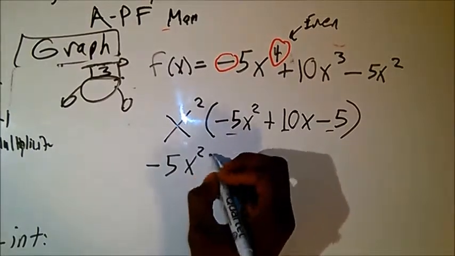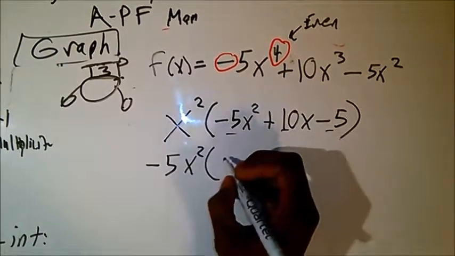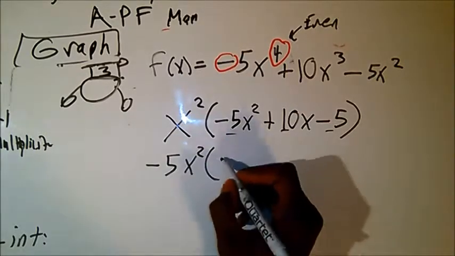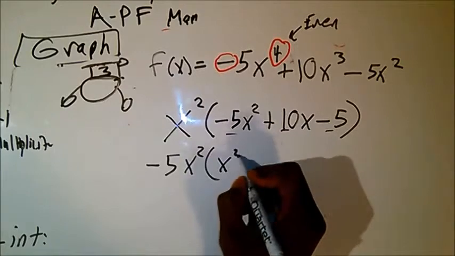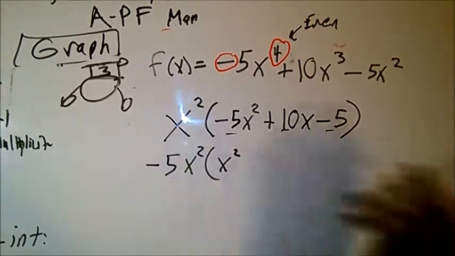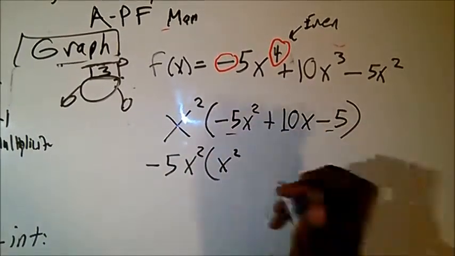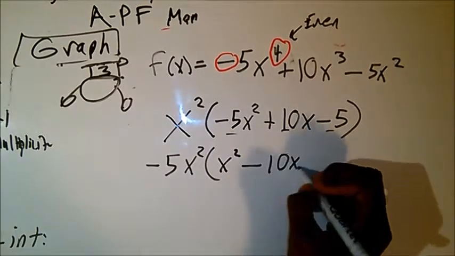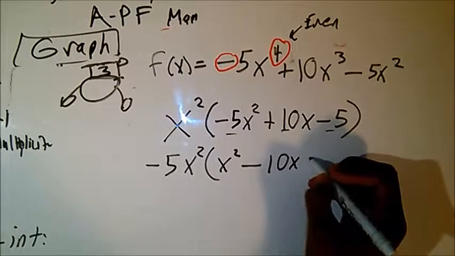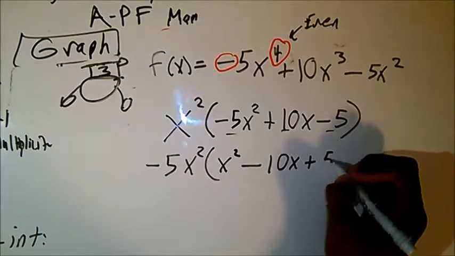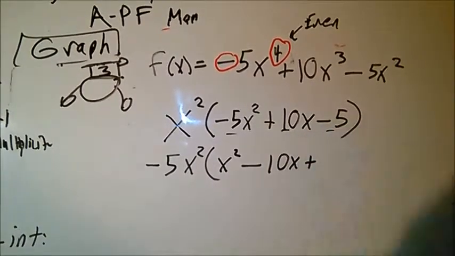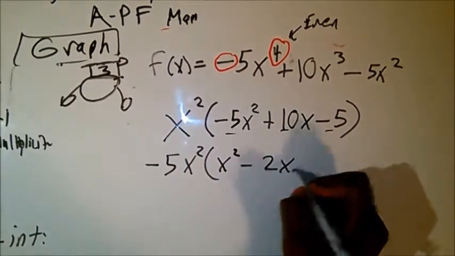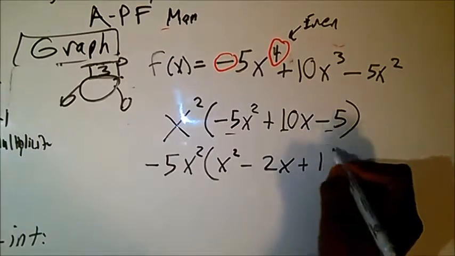So -5x squared times x squared, minus 2x, plus 1.